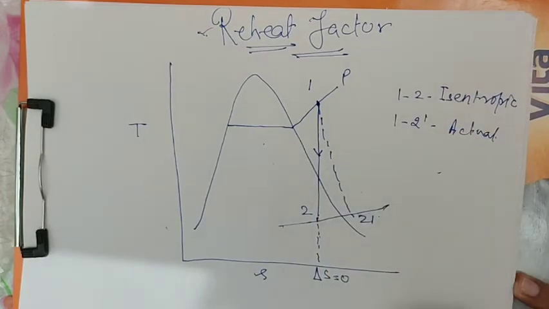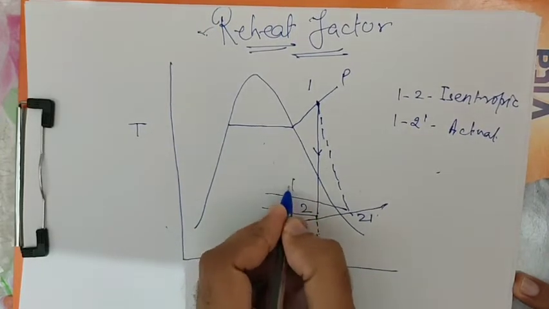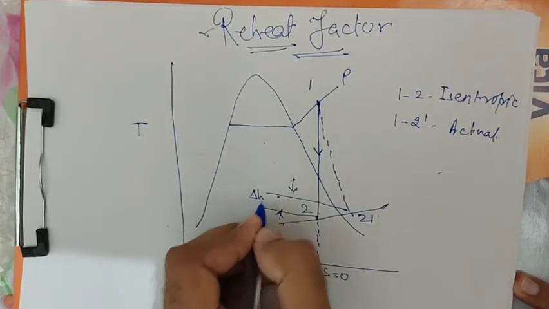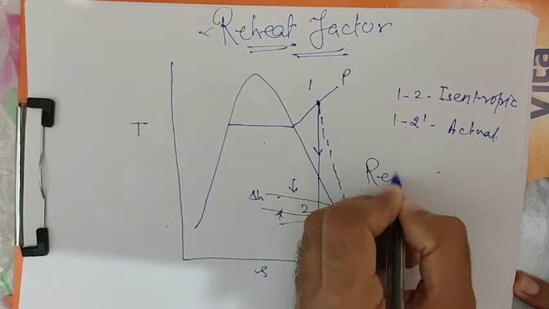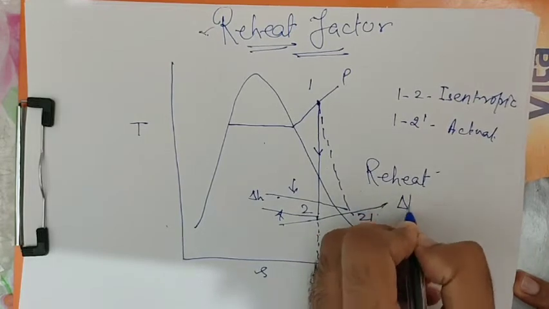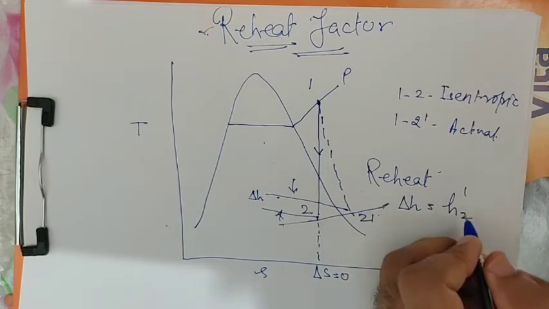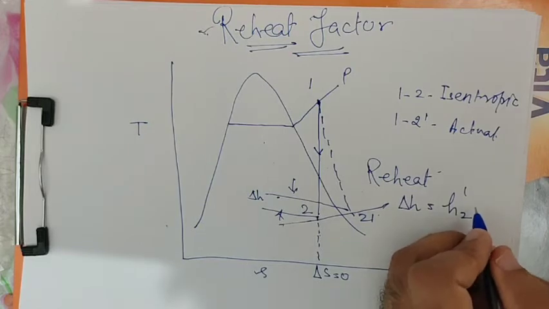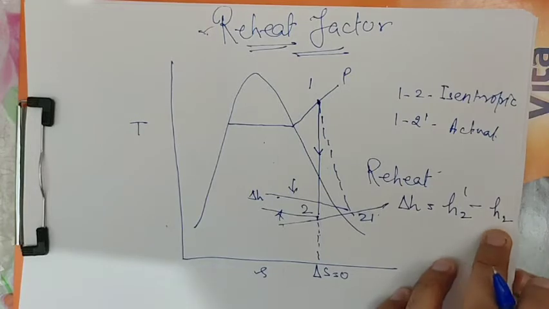Due to friction, there is some increment in the heat of exhaust steam. This increment, delta H at the exhaust of the steam, is termed as reheat. According to this diagram, reheat delta H is equal to H2 dash, the enthalpy of the exhaust steam in the actual condition, minus H2, the enthalpy of exhaust steam in the ideal condition.